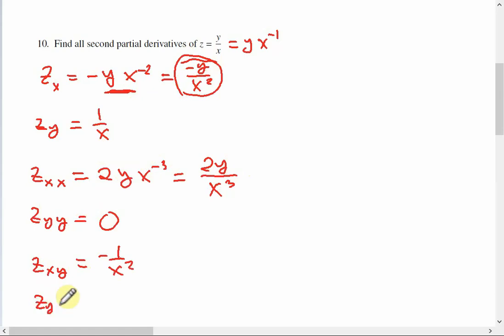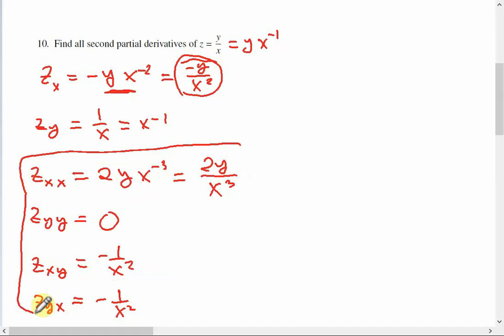And just to be complete, we have to write this, and we know the answer is supposed to be minus 1 over x squared, and we can see it's the partial of this one with respect to x. So that is going to give me minus 1 times x to the minus 2, which is minus 1 over x squared. They are supposed to match up for our basic functions, and they did here. So anyway, there's my second partials, all of these.